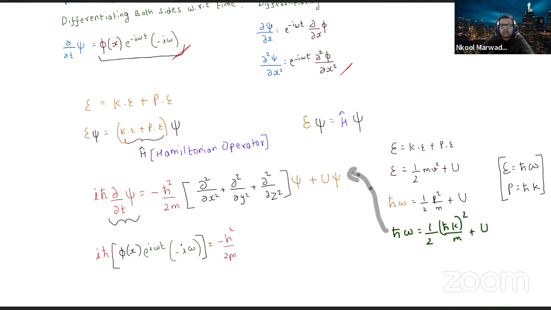And this term I can replace with the Laplacian. Let me write it. Because this is the equation in 3D, three-dimensional space, wherein x, y, and z, all three axes are involved. It's in three-dimensional space.